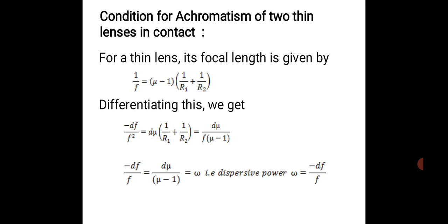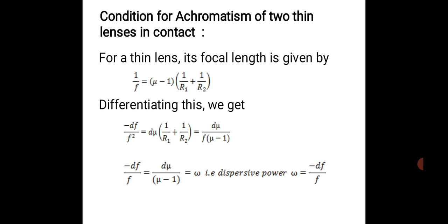The condition for achromatism of two thin lenses in contact is derived as follows. For a thin lens, the focal length is given by 1 by f equal to (mu minus 1) into (1 by R1 plus 1 by R2). Differentiating this equation, we get minus df by f square equal to d mu into (1 by R1 plus 1 by R2).